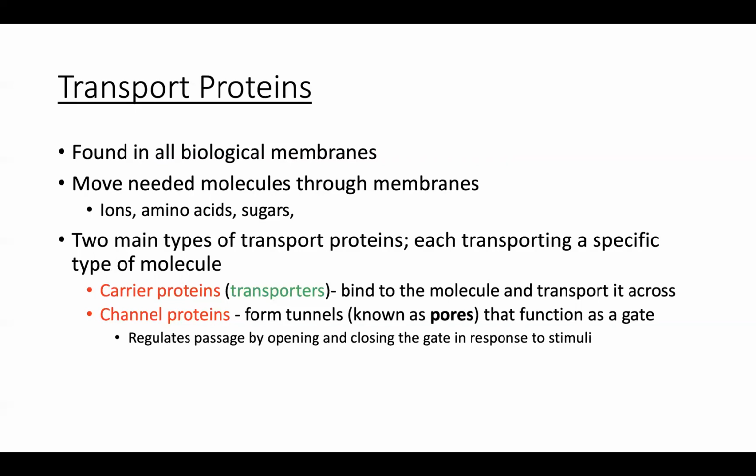Write this down. There are two main types of transport proteins, okay? Each of them transporting specific molecules across the cell. We have carrier proteins and channel proteins. Write those two down. Two types of transport proteins, carrier proteins and channel proteins.